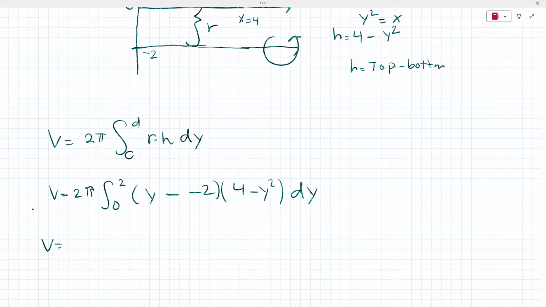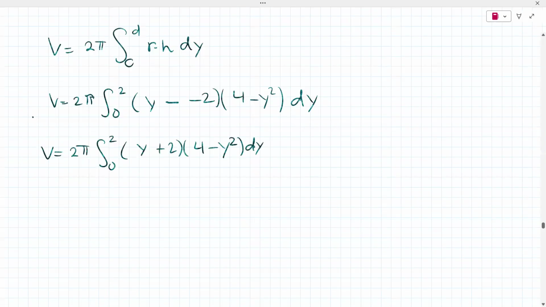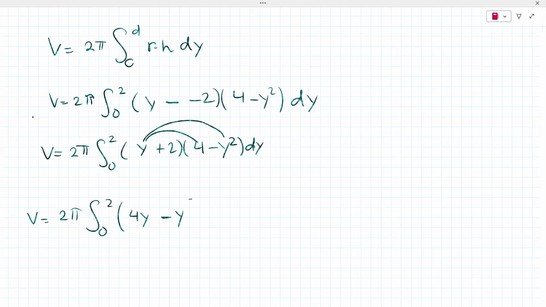Okay, clean this up. So it's 2 pi from 0 to 2, two negatives become a positive, times 4 minus y squared, dy. Then you're going to have to do some algebra before we integrate this. So FOIL this out. What's y times 4? 4y. What's y times negative y squared? Negative y cubed.